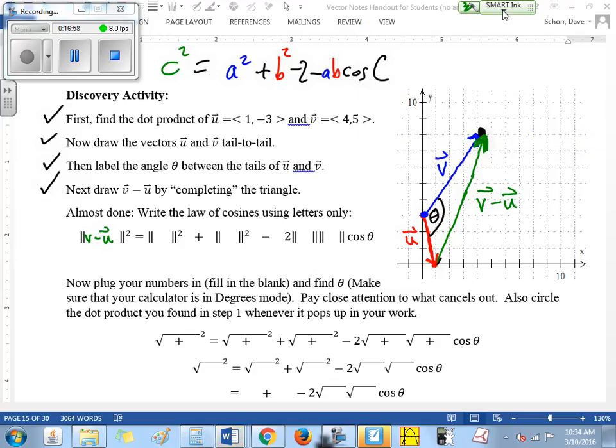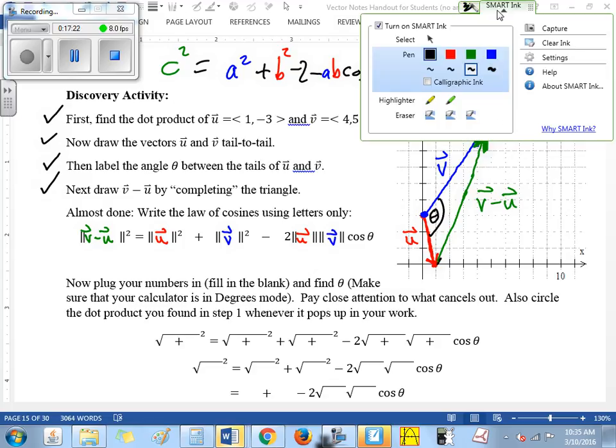It's all color-coded there for you. Instead of a side a, we have a side u, and that goes here and here. And instead of a side b, we have a side v. So they asked us to write the law of cosines specific to our situation.